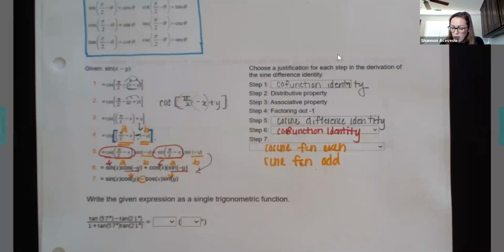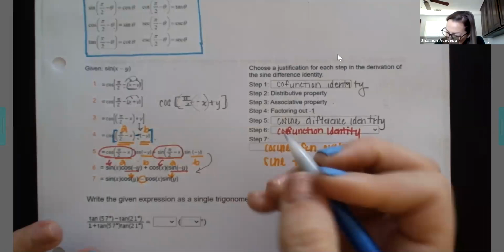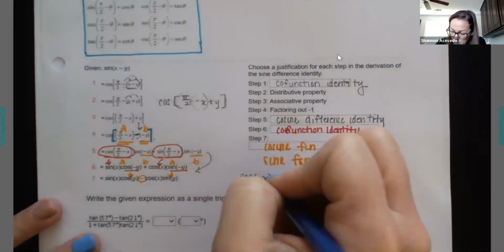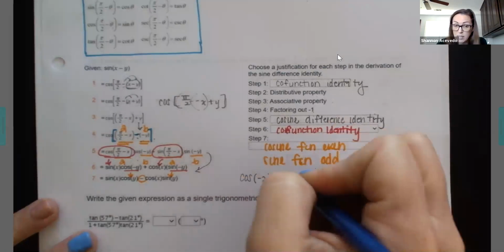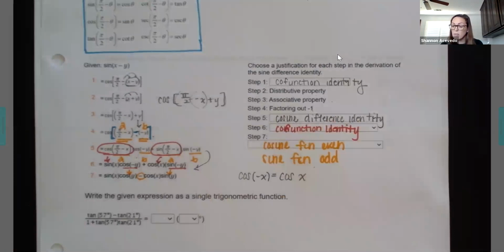So remember, as a quick review, if I have cosine of negative x, that is equal to cosine of x. So the negative can just come out. So if I had cosine of negative 45 degrees, it's just equal to cosine of 45 degrees. I could get rid of that negative.